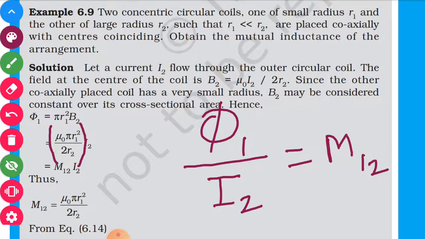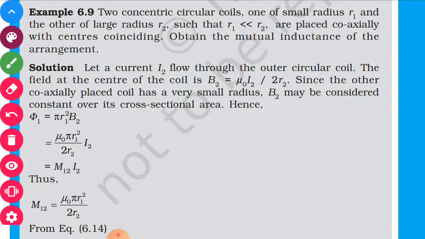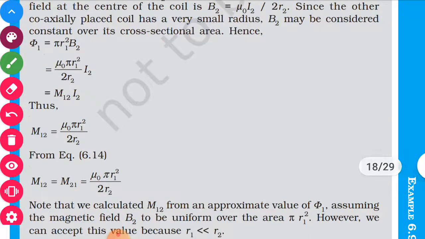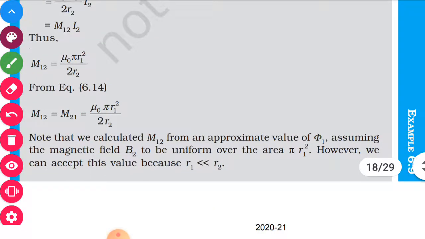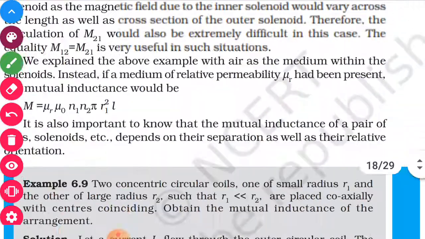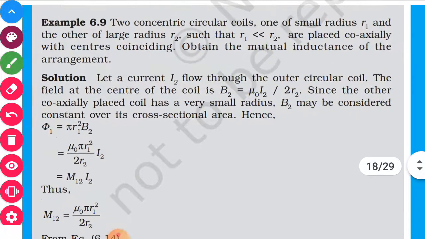So if you take phi 1 upon I2, you will also get mu 0 pi R1 square upon 2 R2. And as you know, by the reciprocity theorem M12 is M21, so both values are the same. So we got the mutual inductance of the arrangement.